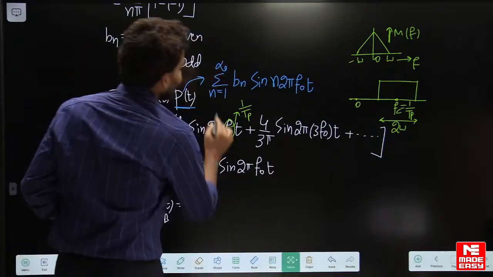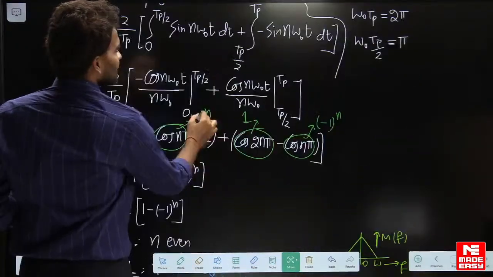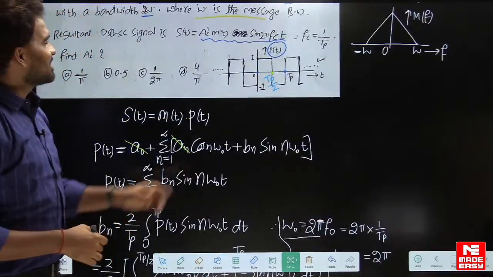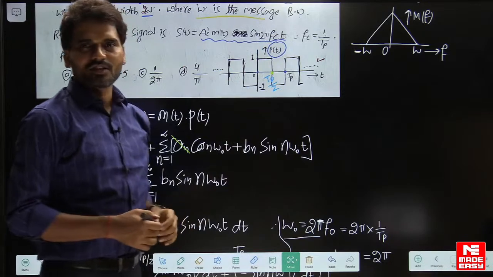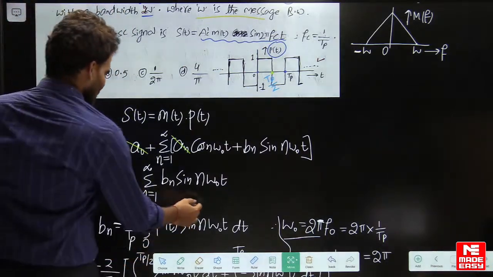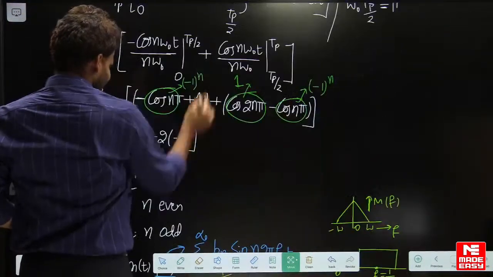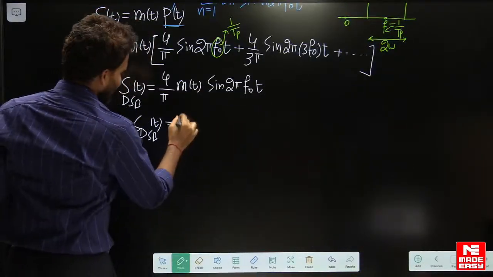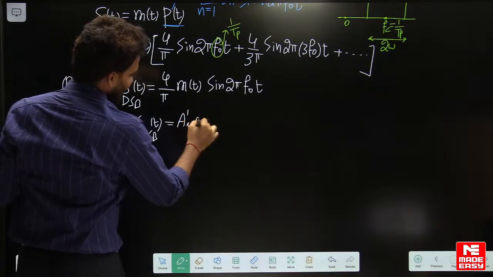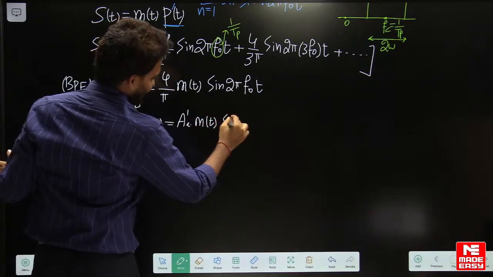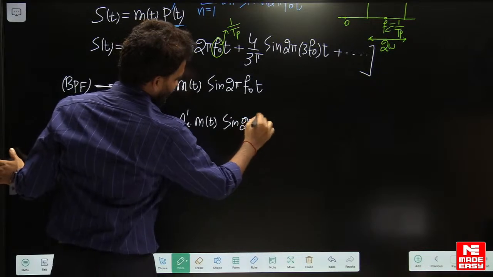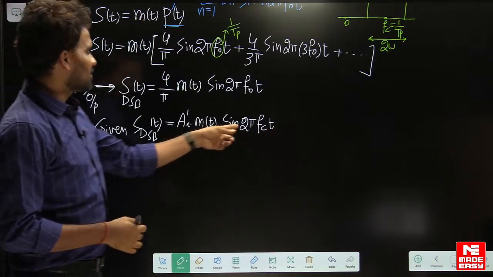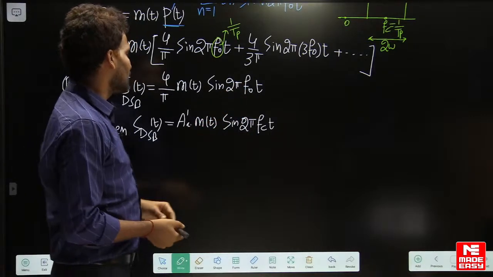That is given as Ac dash m(t) sine 2 pi Fc t, where Fc is 1 by Tp, and f naught is also 1 by Tp.